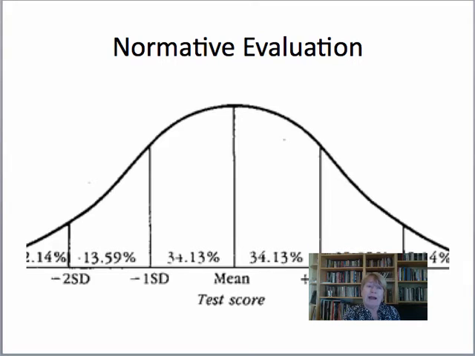So we're adding 2 plus 14 plus 34 plus another 34. So we're adding 34 to our 50, and we're getting 84. So at a z-score of 1 standard deviation above the mean, a z-score of 1, we've got a percentile rank of 84%, or the 84th percentile.